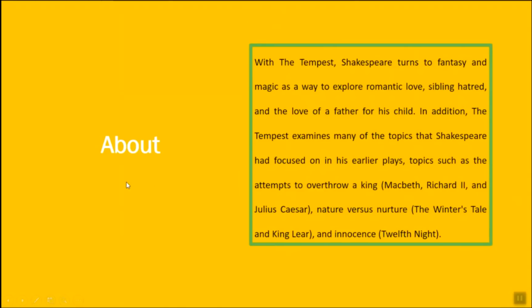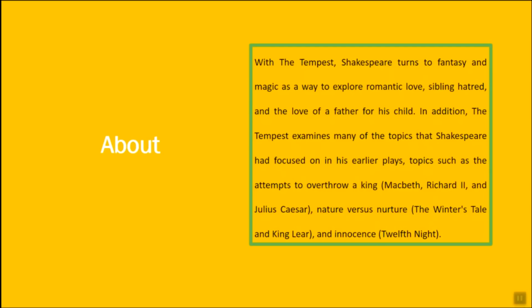Now, about the play, with The Tempest, Shakespeare turns to fantasy and magic as a way to explore romantic love, sibling hatred, and the love of a father for his child. In addition, The Tempest examines many of the topics that Shakespeare had focused on in his earlier plays.